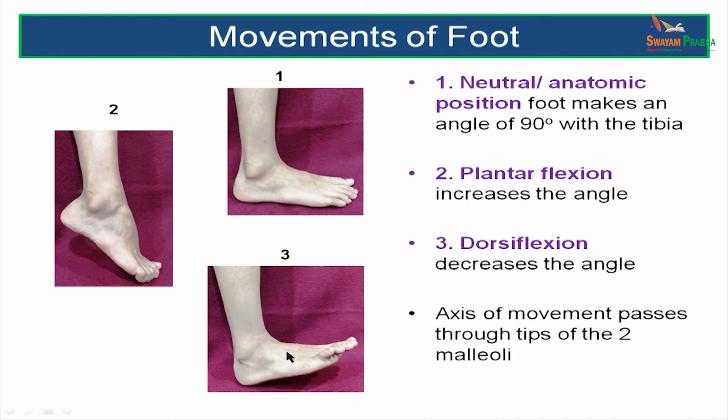In the opposite movement, which is called dorsiflexion, the toes are moving upwards and the angulation between the foot and the leg becomes less. The axis of this movement passes through the tips of the two malleoli, and this movement of dorsiflexion and plantar flexion occurs at the all-important ankle joint.